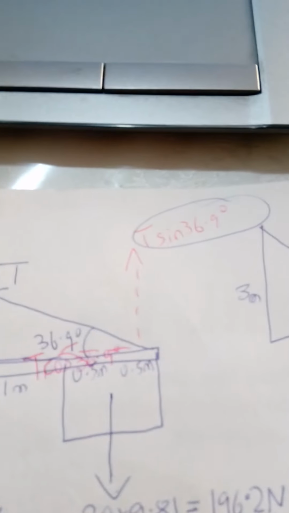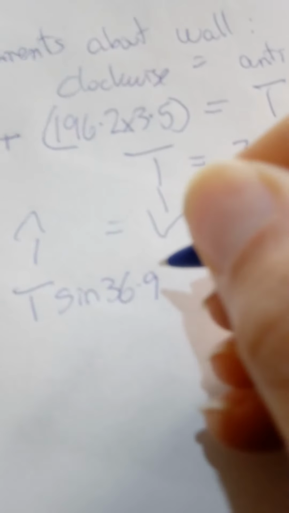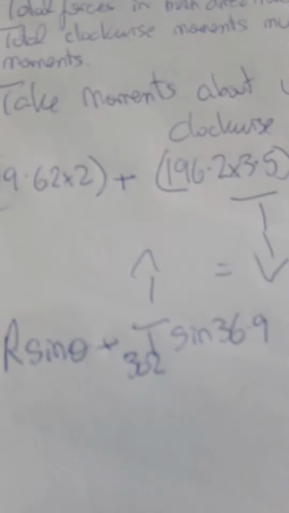The forces going upwards are R sine theta, together with T sine 36.9. So plus T sine 36.9. Instead of T, we can put 302 sine 36.9. And those are equal to the forces going downwards, which are this and this.